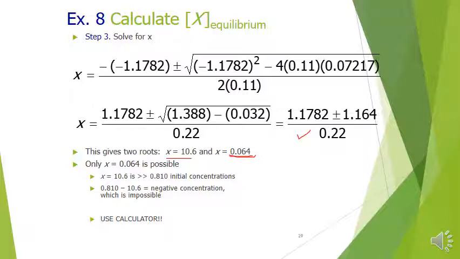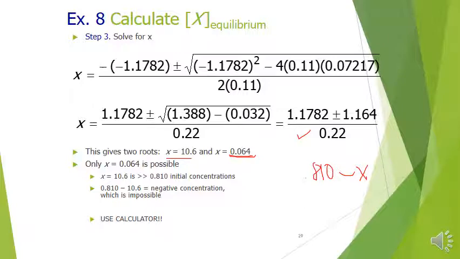If you go back and look at what we did, our expression for the reactant was 0.810 minus x. If you put in 10.6, you end up with a negative number, and it can't have a negative concentration. Well, you could, but that just means the reaction is moving the wrong way. But we already determined which way it's going to move because we don't have any product.